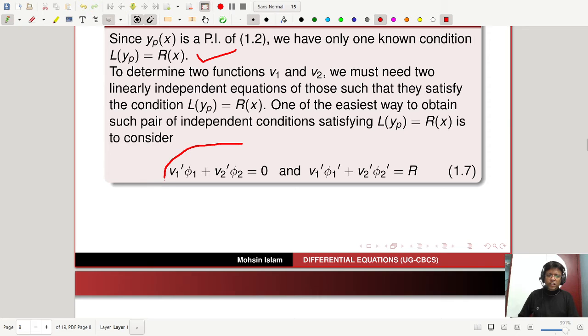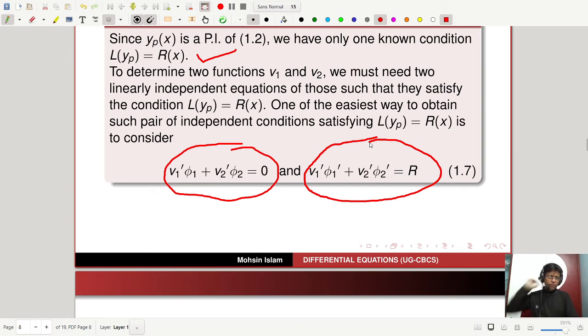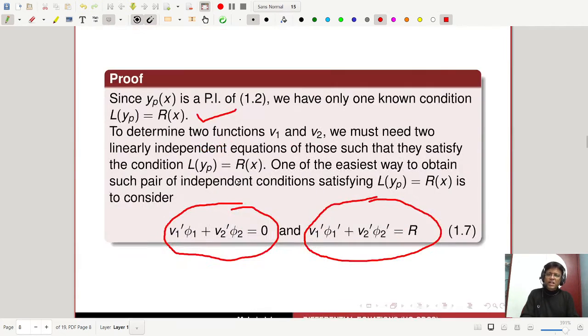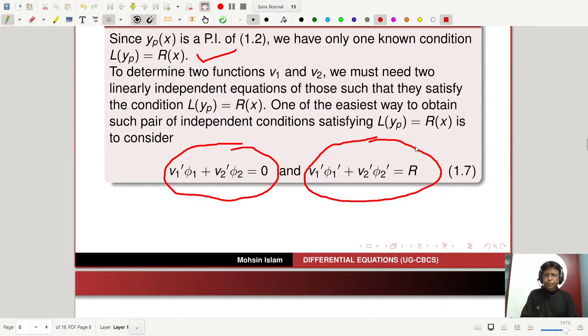So number 1, this equal to 0, and number 2, v1 prime phi 1 prime plus v2 prime phi 2 prime equal to R. Then this equation is satisfied by the particular integral. So these are the easiest way to calculate.